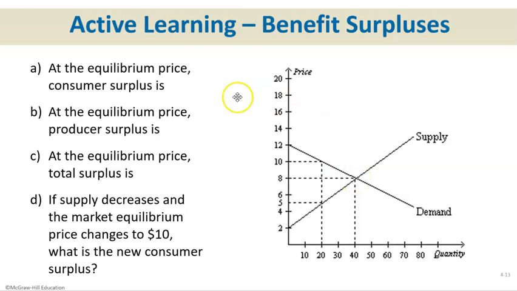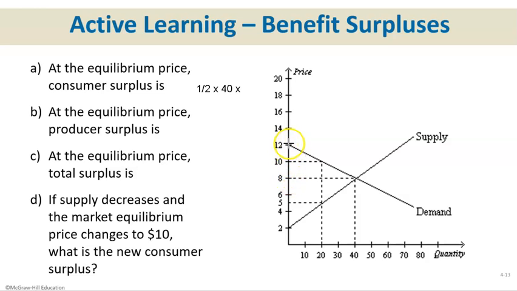Now we're going to use our triangle formula, which is 1/2 times the base. And remember the base, that's the flat part right here, and the base is always equal to quantity. So the distance from here to here looks like 40, so 1/2 times 40 times our height, which is this distance of our triangle here.